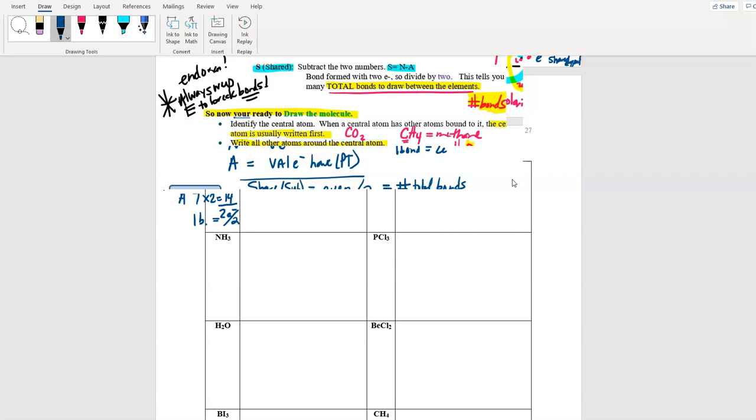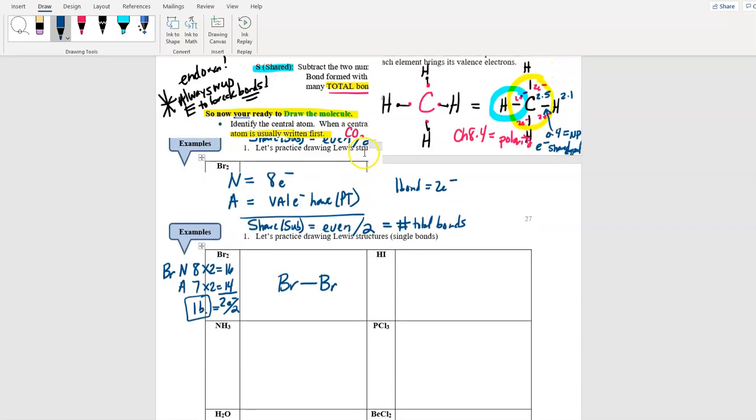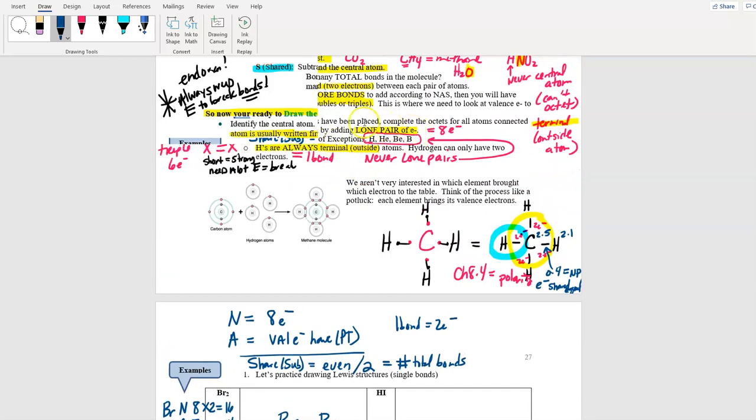Bromine twice, diatomic. I'm going to write the symbols right next to each other. You don't have a central atom, you got 2 bromines together. And I just figured out I only have 1 bond between them. So I'm going to draw a bond. And now here comes, make sure everybody meets the octet as long as it's not one of those crazy ones.